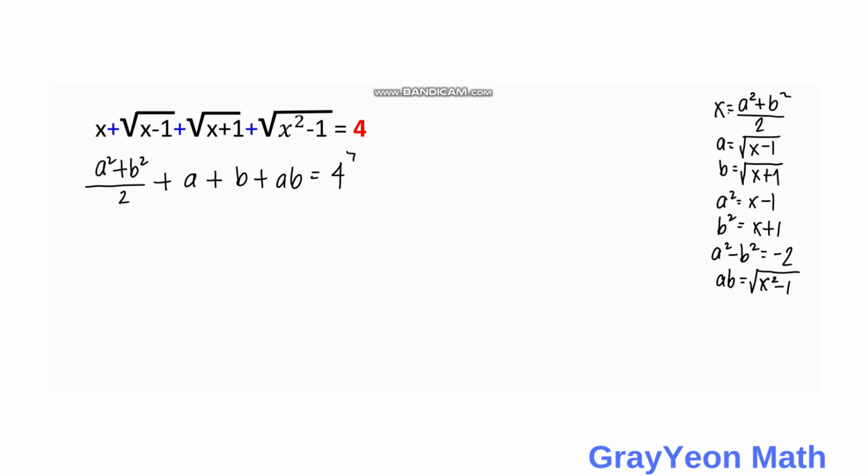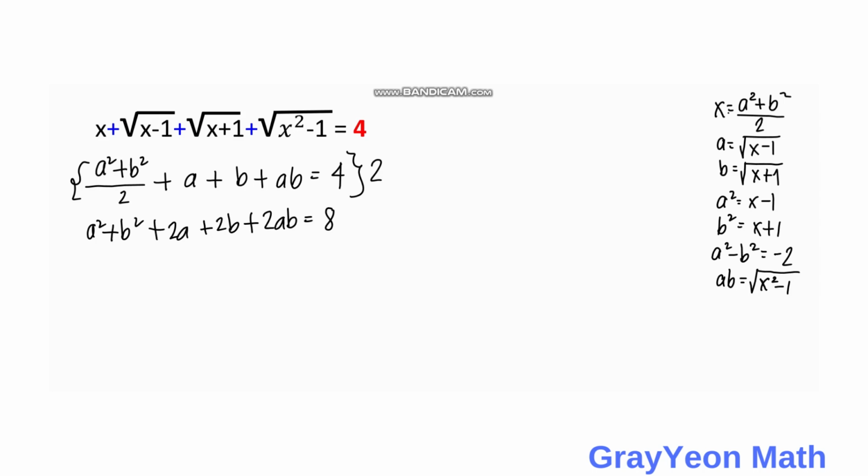And next is we multiply 2 to the whole equation. Then we have a squared plus b squared plus 2a plus 2b plus 2ab is equal to 8.